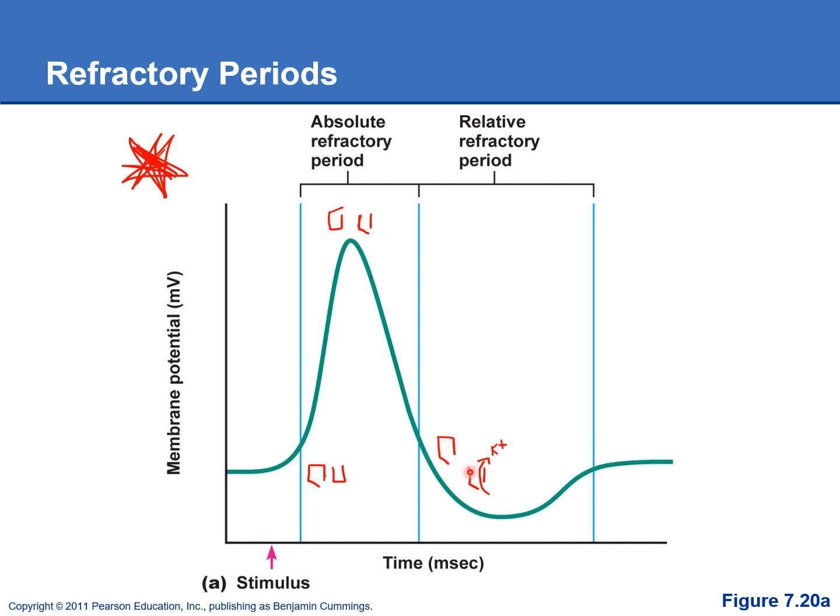But you need a bigger stimulus than normal because your membrane potential is hyperpolarized. Your voltage-gated potassium channels are still open, potassium's leaving, and you're more negative than the minus 70 millivolts. So it's going to take more sodium coming in to get up to that minus 55 millivolts threshold to trigger an action potential.